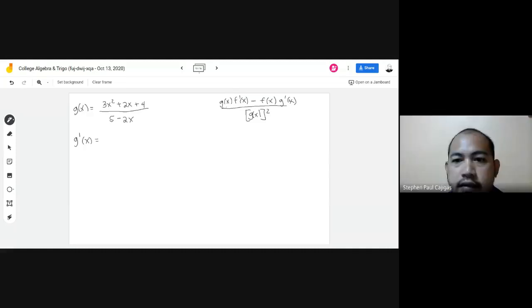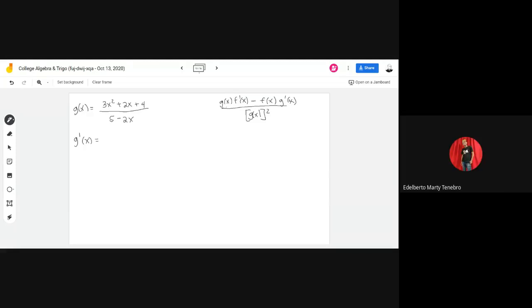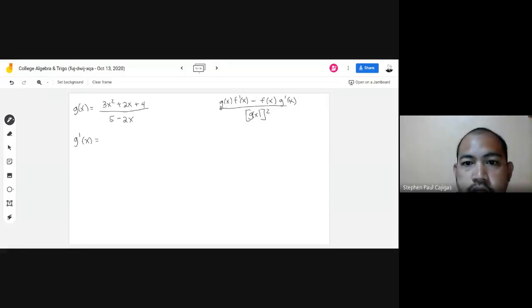Minus fx plus, minus gx, f prime of x minus fx g prime of x.